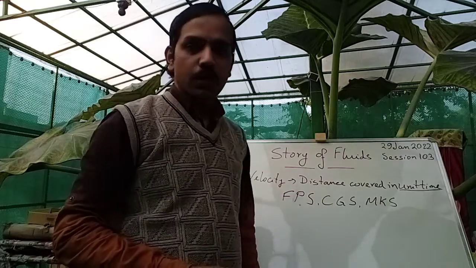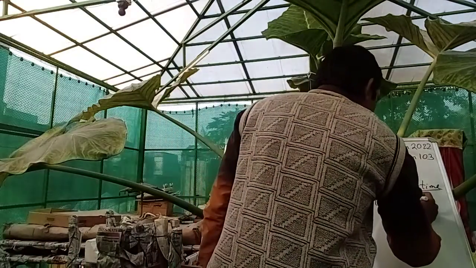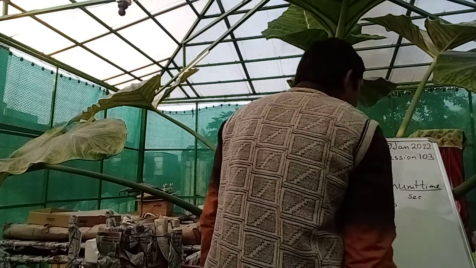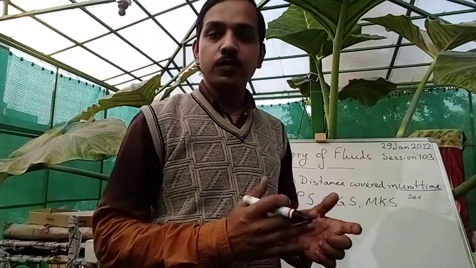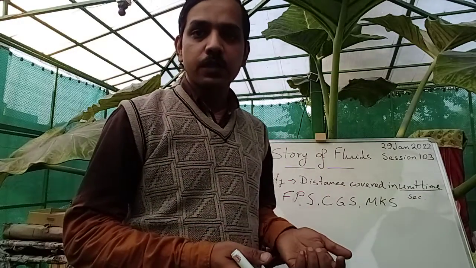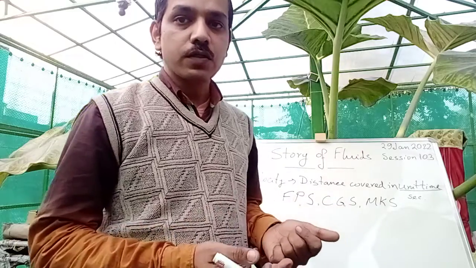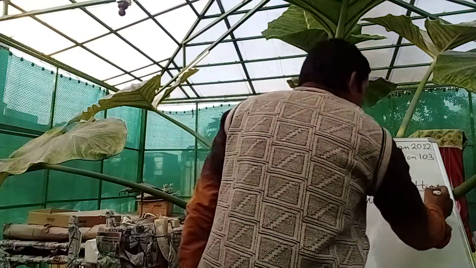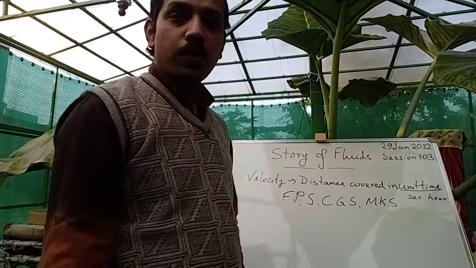For time it is all the same, second. For the velocity, you are measuring with respect to which object. If it is a river, the flow is much faster, so maybe we can take hour as a unit time. The distance covered may be measured in kilometers or meters, over an hour.